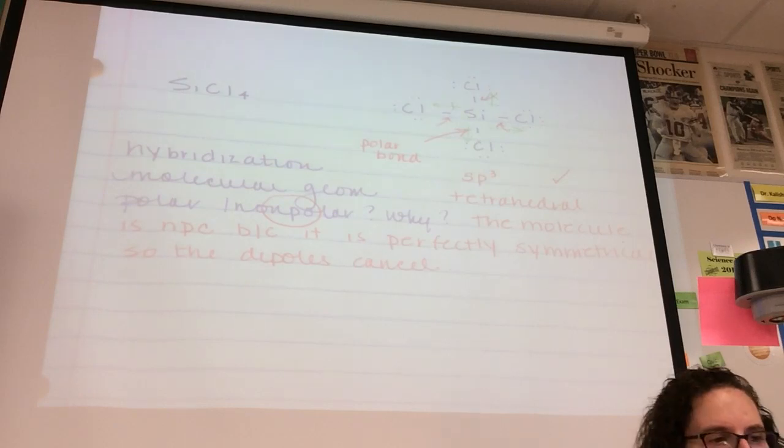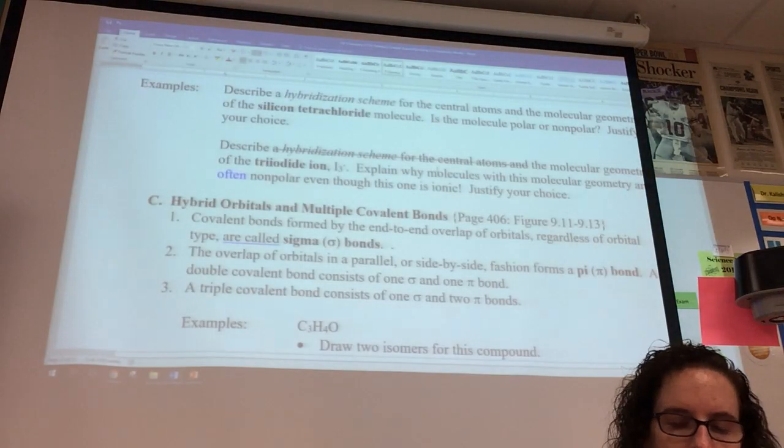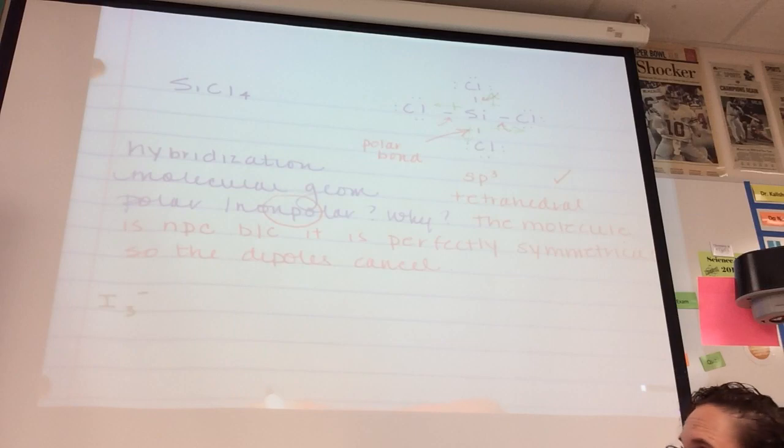All right, the second question that is asked is about the triiodide ion. And this one you don't have to do the hybridization for anymore. This is getting to the level of AP. And we said whenever you're drawing an ion, absolutely, positively, pop it in the brackets with the charge so you don't do anything silly.